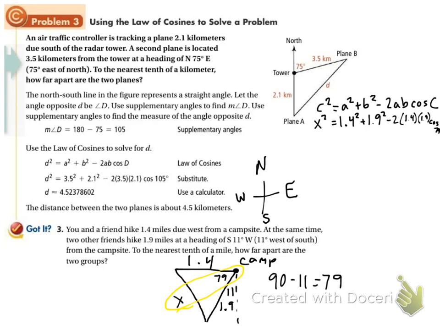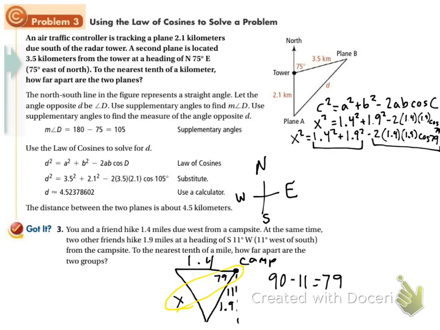Here, maybe I'll just rewrite that out so that you can actually see that. Minus 2 times 1.4 times 1.9 cosine of 79. Okay, so remember we simplify in two chunks, right? We're going to simplify these numbers and we're going to simplify these numbers.